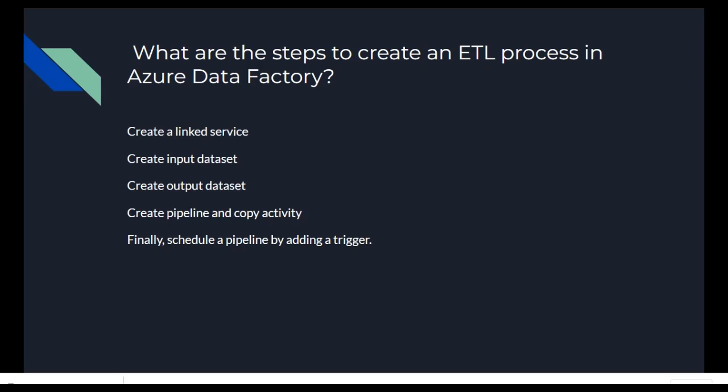In the copy activity, we specify the input dataset and the output dataset. Finally, if you want parameters, you can also specify them. Next, we can schedule the pipeline by adding a trigger. So these are all the steps we need to create the ETL process in Azure Data Factory.